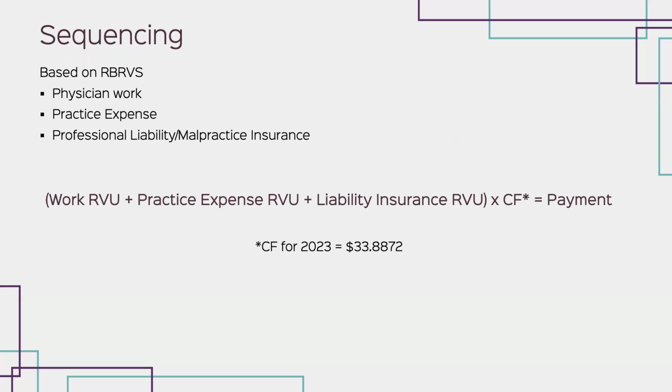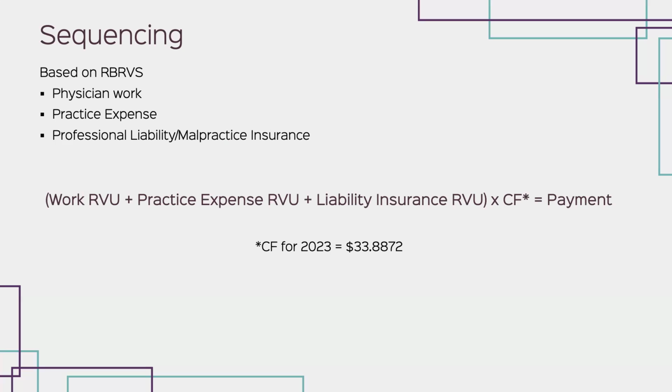When we talked about ICD-10-CM, they're based on the guidelines for their sequencing. CPT codes are sequenced based on what's known as RBRVS, which stands for resource-based relative value scale. It's an estimation of physician work, practice expense, and medical malpractice and liability. Those RBRVS values will be found on the Medicare website.